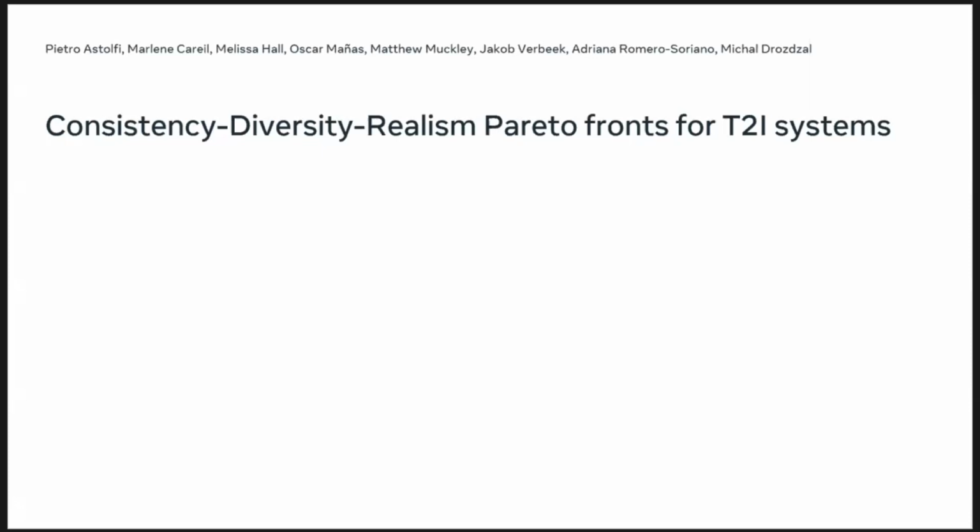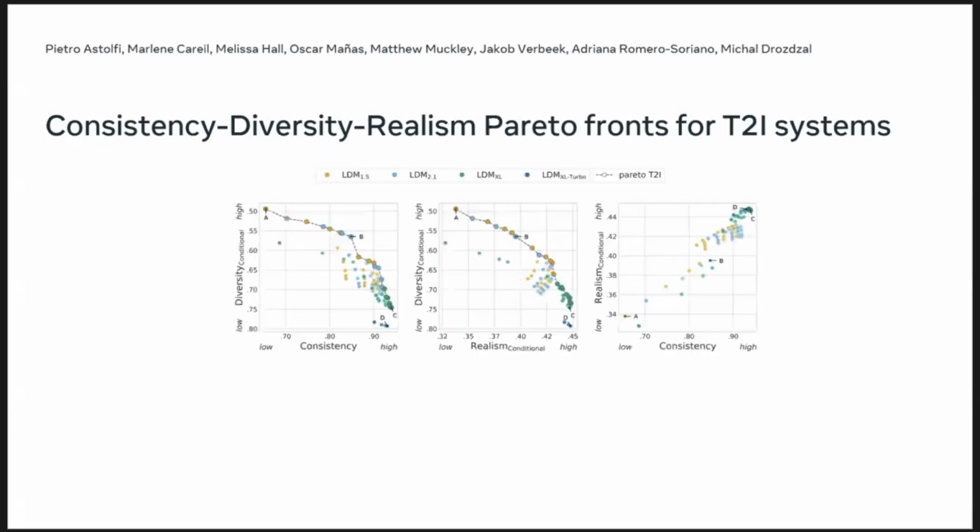So as I mentioned in my first slide of the talk, those are the 3 axes of performance that we care about when thinking of generative models as world models. So we want the model to yield highly realistic images that are sufficiently diverse and that are consistent with their input prompts. Now, what happens, so I'm drawing here 3 plots. Those are the Pareto fronts of consistency of each one of the 2 dimensions here.